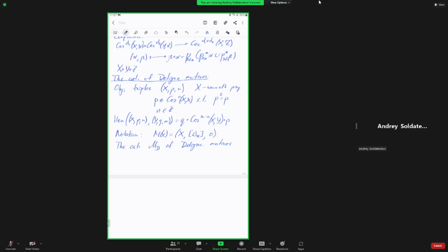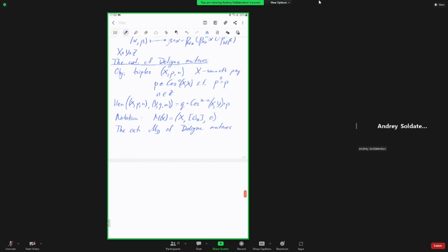So actually it is a semi-simple neutral Tannakian category, which means essentially that it is equivalent to the category of representations of some pro-algebraic group. So you can think of these motifs as some sort of representations of some group.